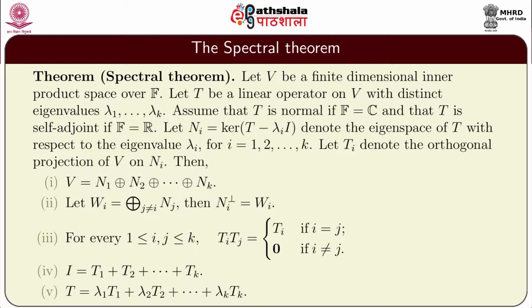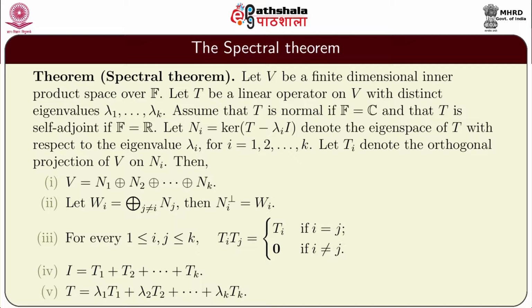Let Ni denote kernel of T minus lambda i I, that is the eigenspace of the operator T with respect to the eigenvalue lambda i for i equal to 1, 2 and so on up to k. Let Ti denote the orthogonal projection of V on Ni.